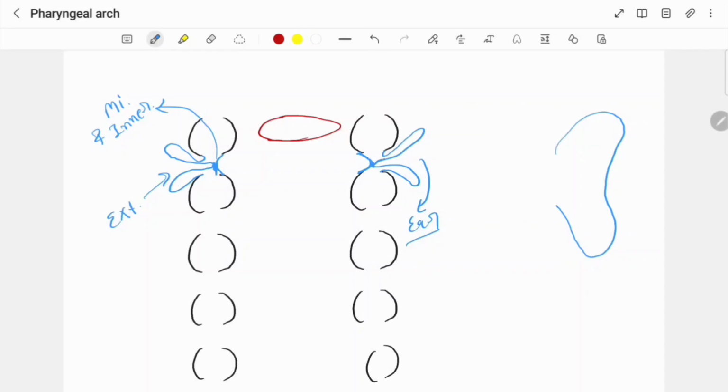After this is a tube-like structure, which is nothing but your external auditory meatus. After this is a septum present over here, which is nothing but your tympanic membrane. And after this we have this portion, which is your middle ear, and then the remaining portion is your inner ear. Clear?